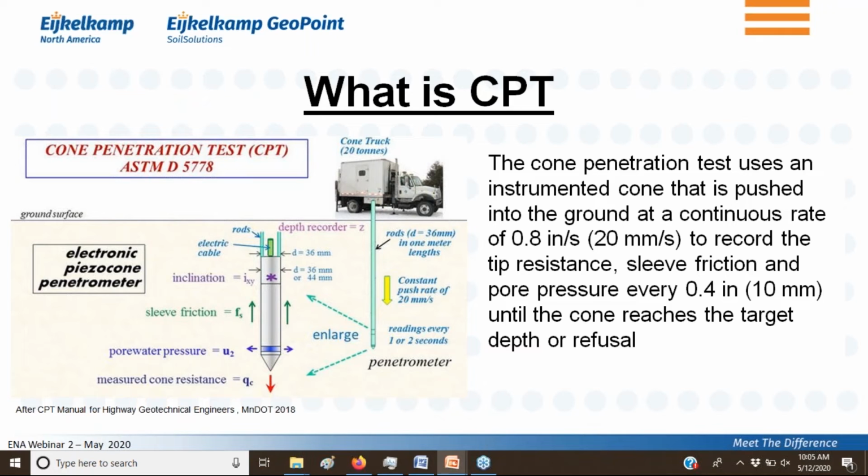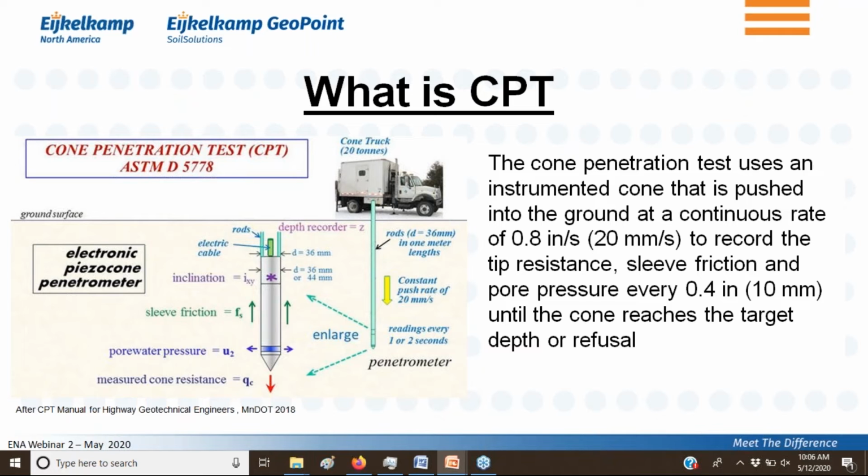That's important because what we try to do is have a consistent reading, so everybody around the world does it with the same speed. Although, since the code allows you to go a little bit faster to 25 millimeters per second, people generally increase the speed to close to the upper limit, simply because it then takes less time to do the test. And during the test, you record the tip resistance, the sleeve friction, and the pore pressure.